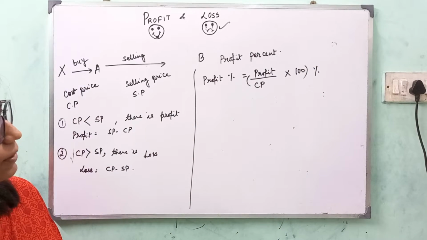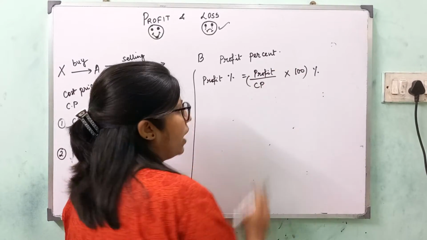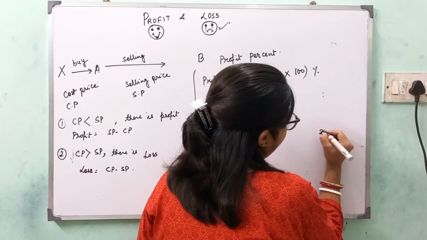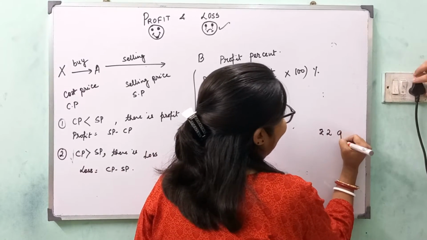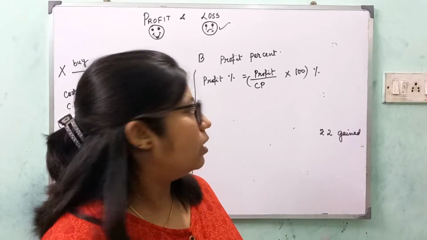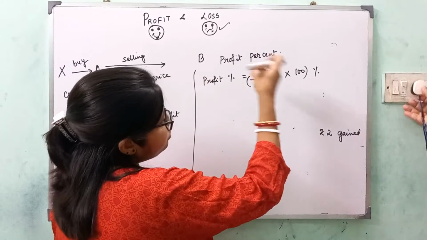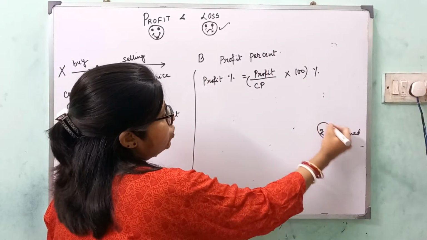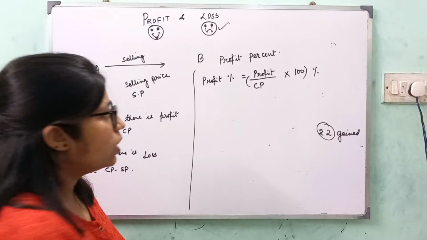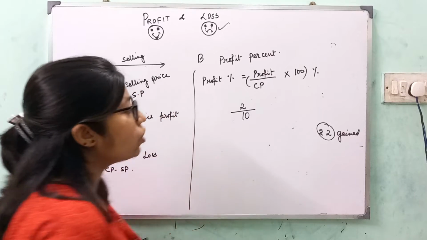So what is profit percent? That is, profit percent is profit by CP into 100. Suppose in one of the previous sums you saw rupees 2 you had gained. We can also use the word gain in place of profit. Both mean the same. So if you have gained rupees 2 on rupees 10, that means 2 out of 10, because 10 rupees was your cost price.